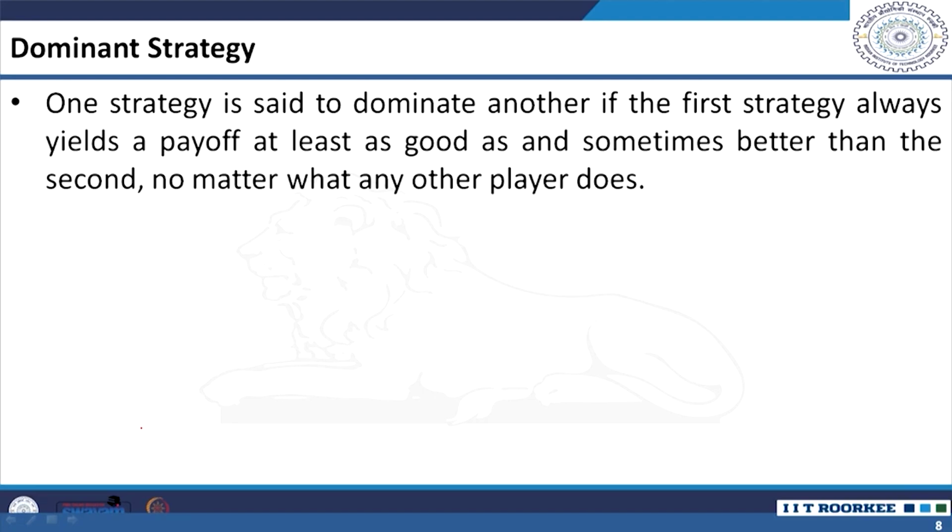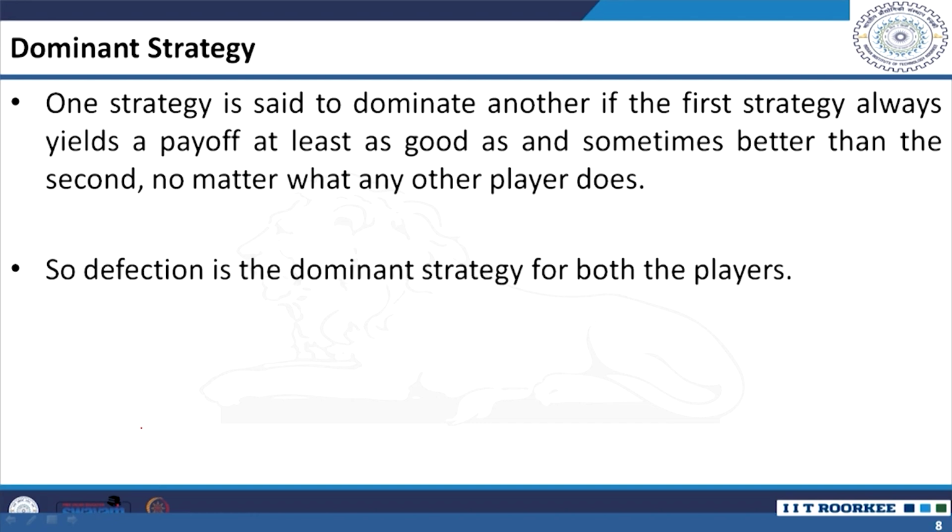So, when we say that -3, 0 and 0, -3 are the dominant strategies, you can find that these strategies dominate the options for the second, irrespective of what the second person is doing. In this context, defection is the dominant strategy for both of these players.